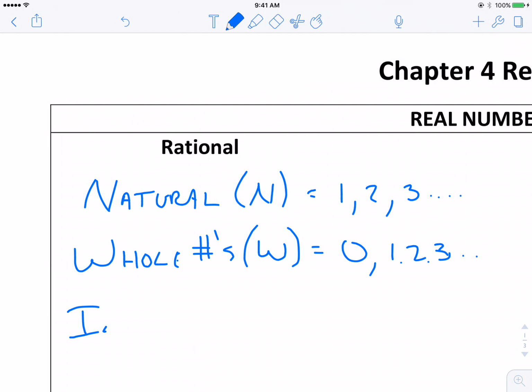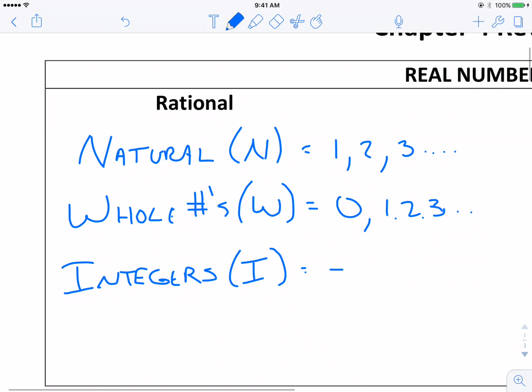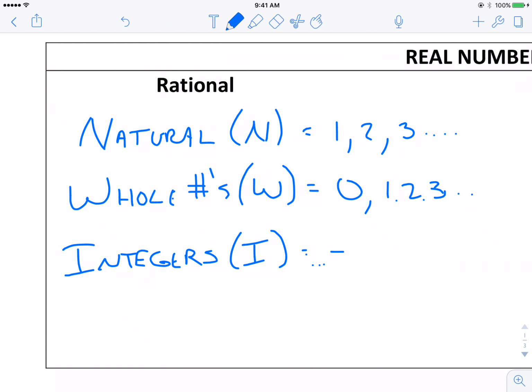We have integers, capital I. Well, these include our negative values. So smaller than that: -3, -2, -1, 0, 1, 2, 3, and so on. All three of these sets, though, have no fractions, no decimals.